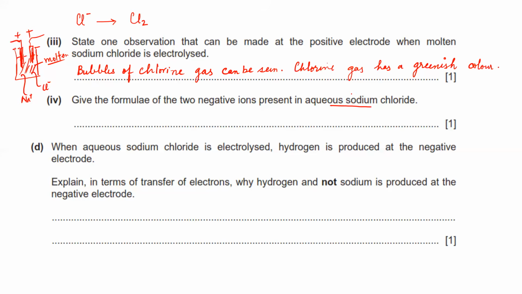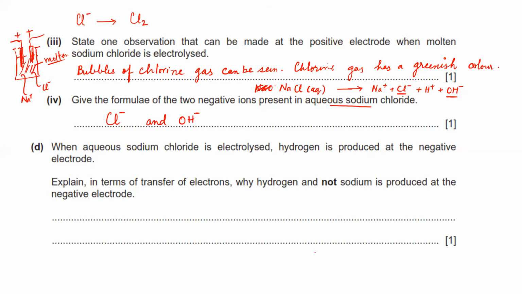So aqueous NaCl, sorry, my bad, NaCl, and this is aqueous. So aqueous solution is basically NaCl plus water. It contains Na positive plus Cl negative plus H positive plus OH negative. So these will be the ions. So we have to find two negative ions. So negative ions are chlorine negative and OH negative. So there will be chlorine ions and hydroxyl ions, OH negative ions.